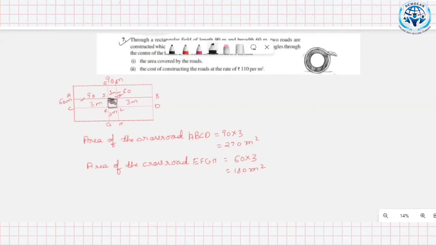We will multiply 3 and 3 because the side of this square is of the measurement 3 meter. 3 into 3, 3 3 are 9, 9 meter square.